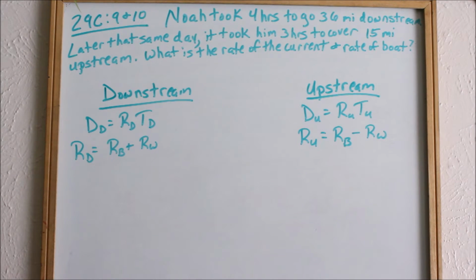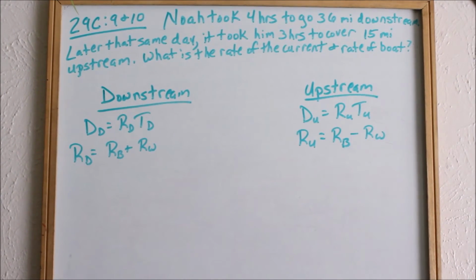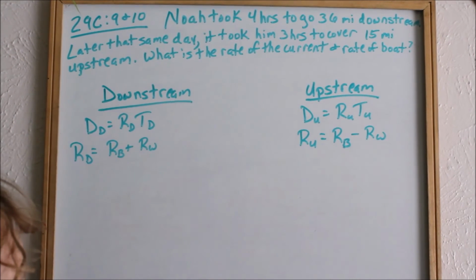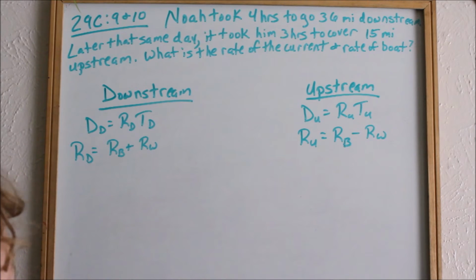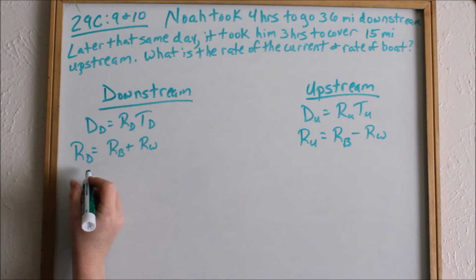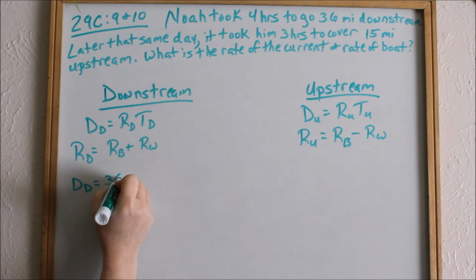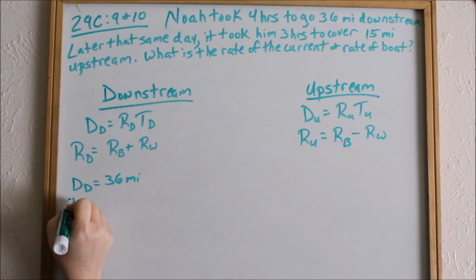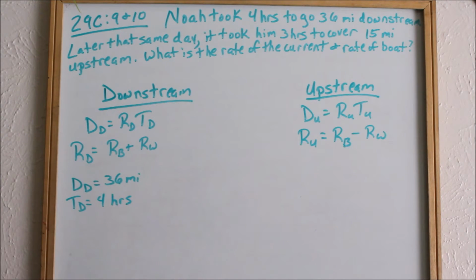Now let's go back to the problem and write down what we know so that we can start filling everything into our equations. Noah took 4 hours to go 36 miles downstream. So downstream information, our distance is 36 miles, and our time was 4 hours.